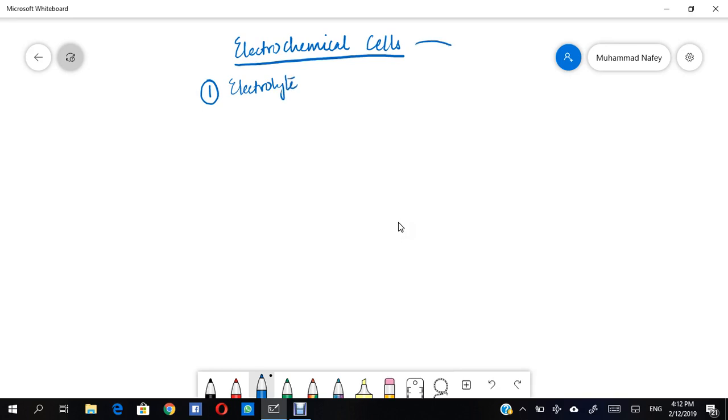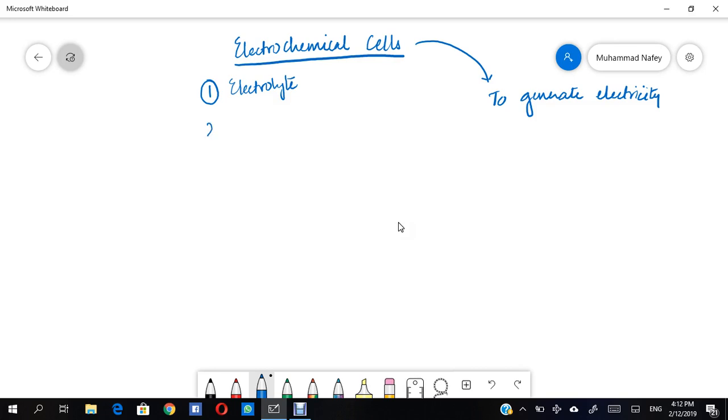And since the purpose of an electrochemical cell is to generate electricity, we will not use a battery here.